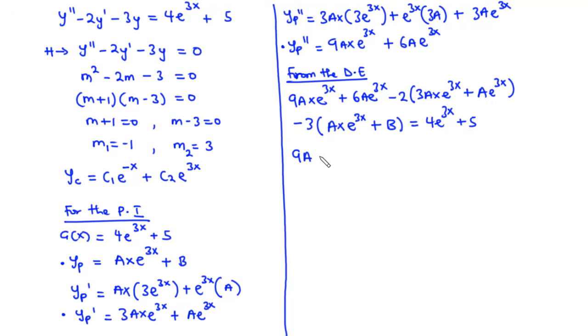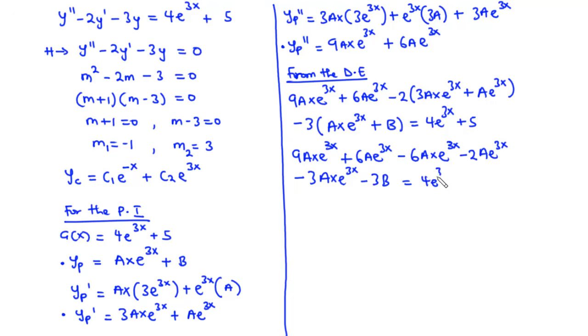We have 9axe^(3x) + 6ae^(3x) - 2(3, 6axe^(3x)) - 2ae^(3x) - 3axe^(3x) - 3b = 4e^(3x) + 5.